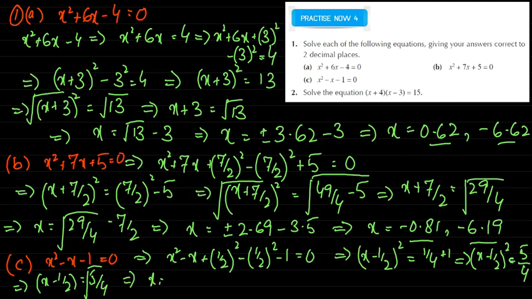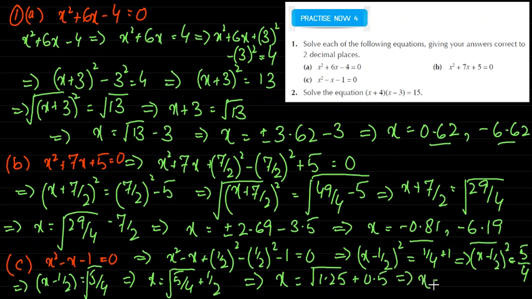Therefore, x is equal to plus 1 by 2, which will become x is equal to the root of 5 by 4, which is 1.25, plus 0.5.